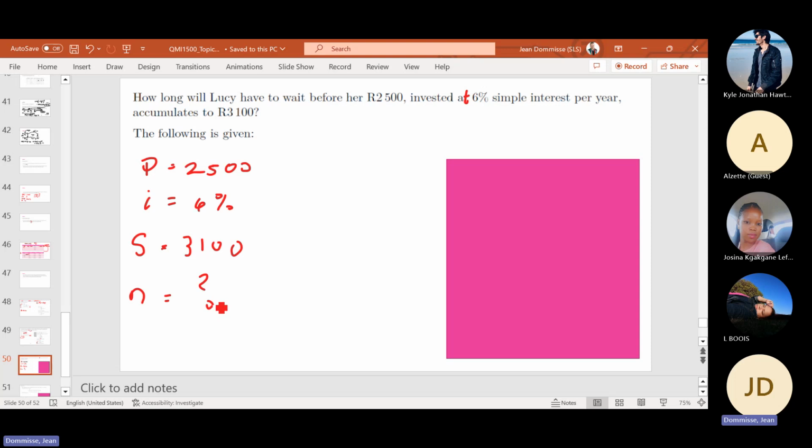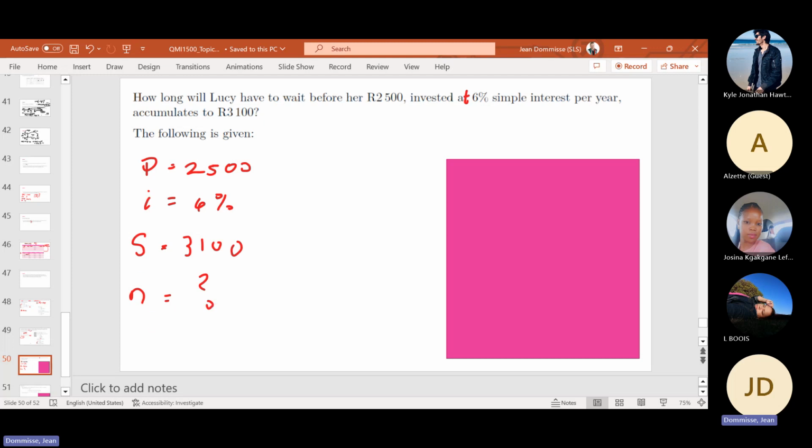So this one looks at it from a different angle. We had the one where we needed to work out the present value, and then the one for future value.